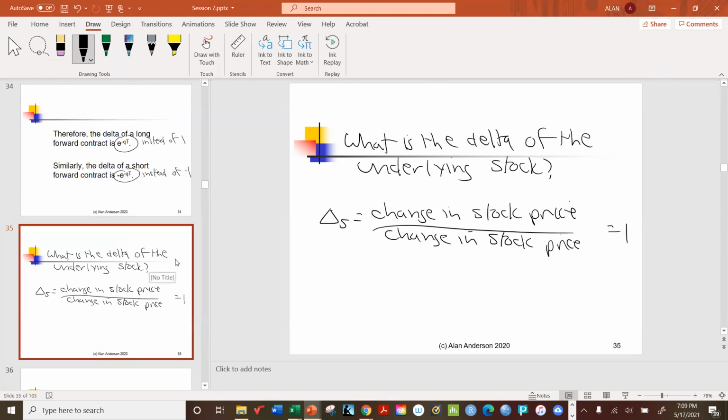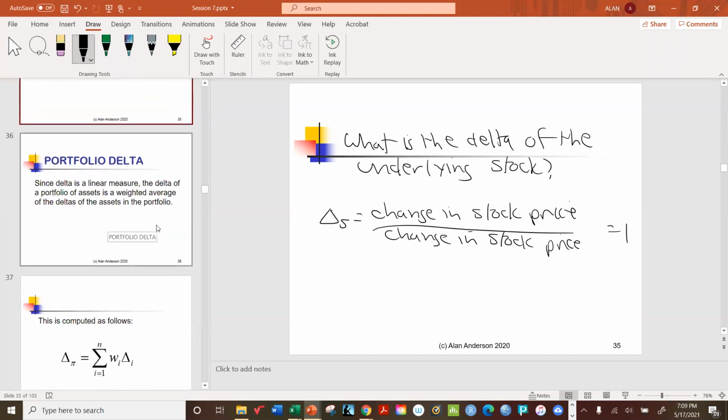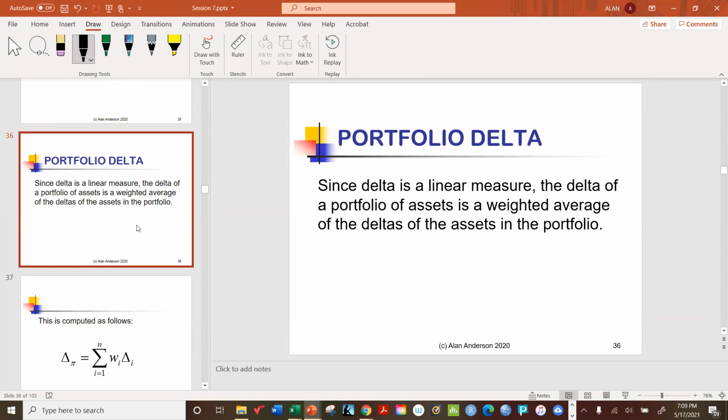All right. Now, the delta of a portfolio of assets, in particular options, but other assets as well. The nice thing about this delta measure is that it is a linear measure, which means the delta of a portfolio is the weighted average of the deltas in the portfolio. That's very helpful. So if I add assets to my portfolio, it's very easy to figure out what the new delta is.